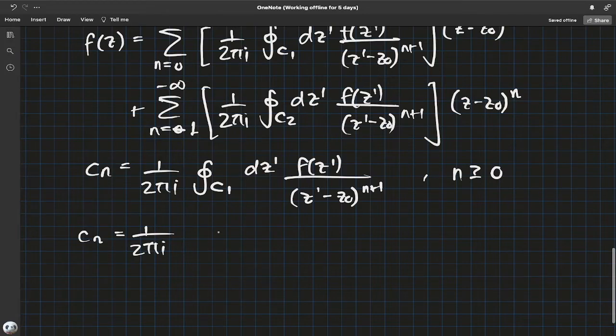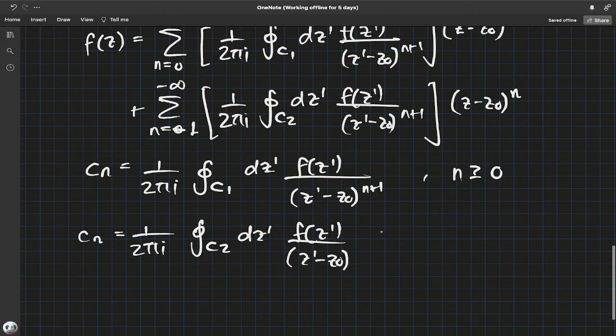And 1 over 2 pi i, integral over C2 dz' f(z') over (z' minus z naught) to the n plus 1, for the negative definite case.